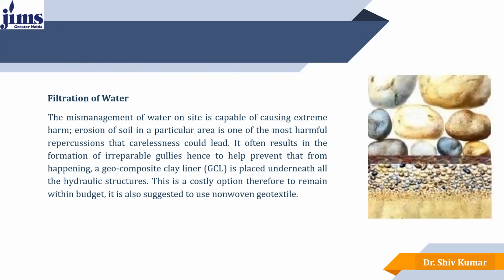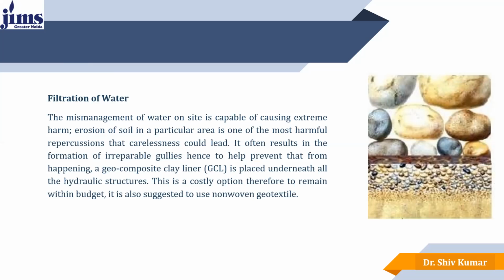Now we can see the filtration of water. Here we can see the geomembrane. The mismanagement of water on site is capable of causing extreme harm. Soil erosion in a particular area is the most harmful to the structure and could lead to carelessness and repercussions.